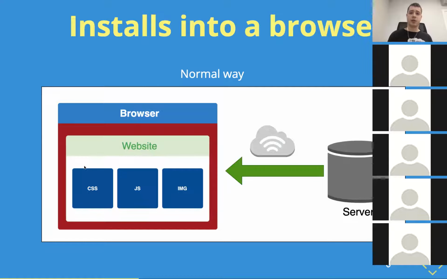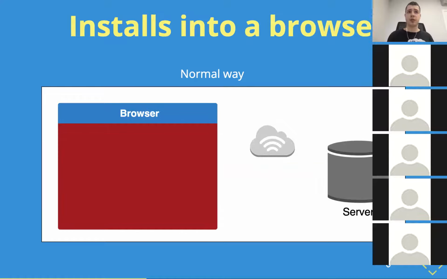And then the end user sees the web page. As soon as the website is closed, all the data disappears. The browser no longer has to memorize or keep in its memory any information about the website.